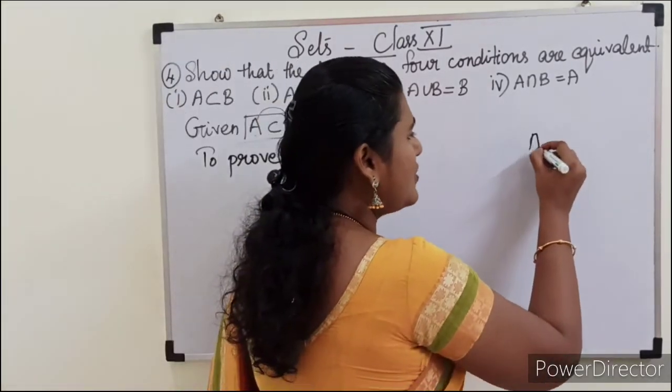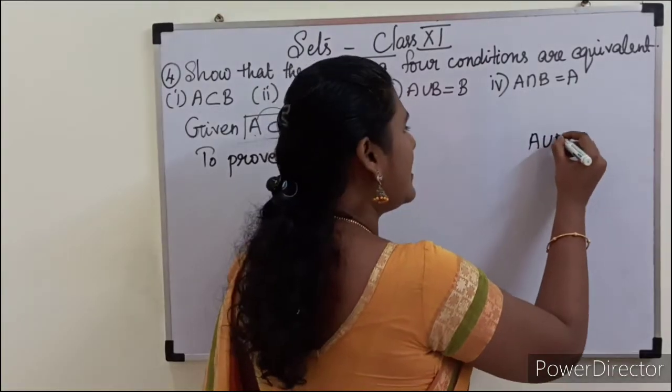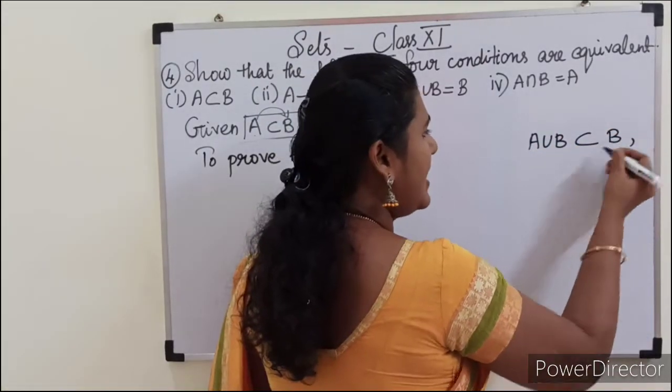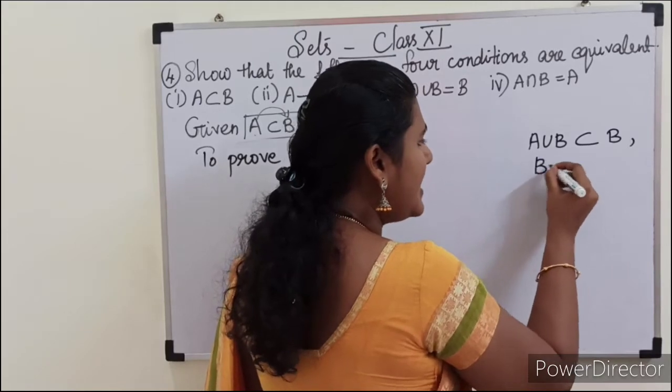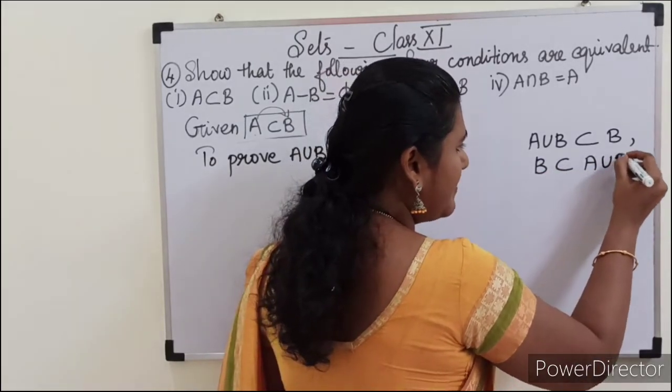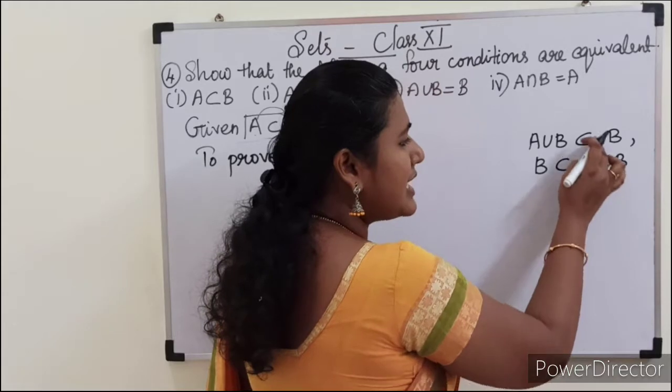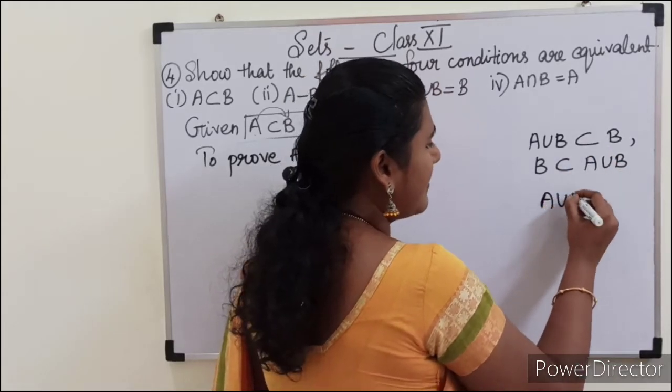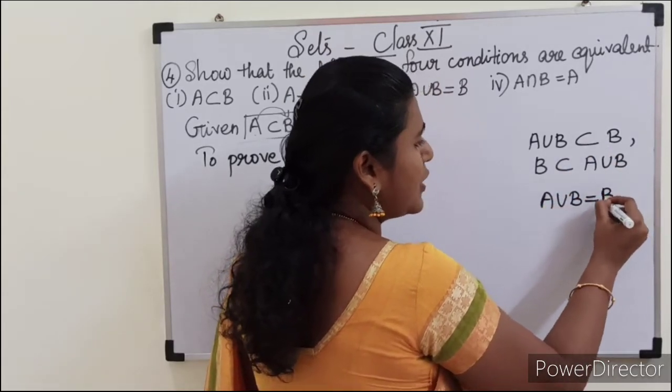First we have to show that A union B is a subset of B. Then we have to prove that B is a subset of A union B. If we are able to prove these 2 statements, then we can write A union B is equal to B.